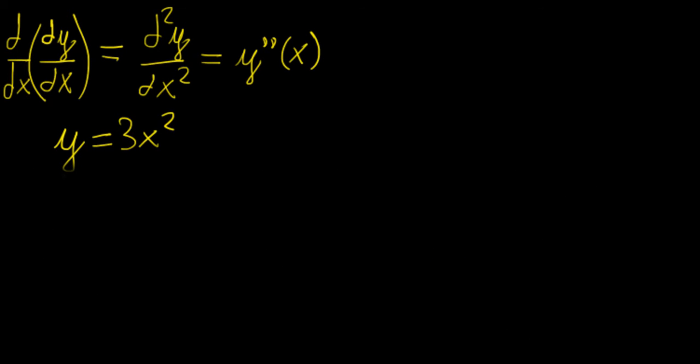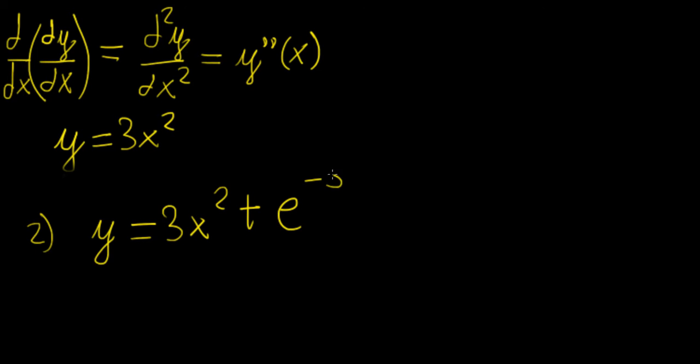So let's see if we can find the higher order derivatives of a function that is a little bit more complicated than this. Let's have another example: y equals 3 times x squared plus e to the power of minus 3x squared plus cosine of 2x.